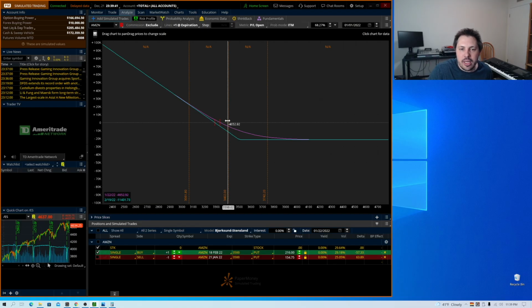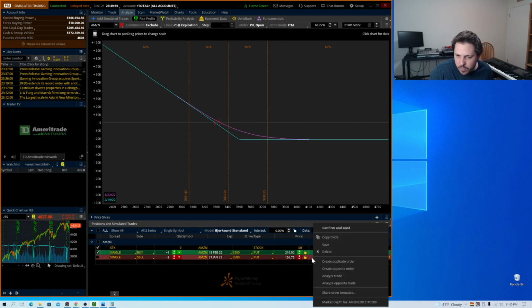If the market accelerated downward very quickly, this put would be in the money. Volatility would be going up, which would increase the price of this, and this could turn out to be a huge winner.